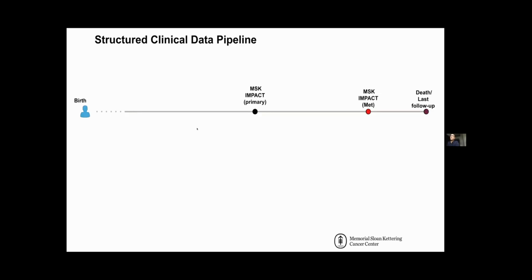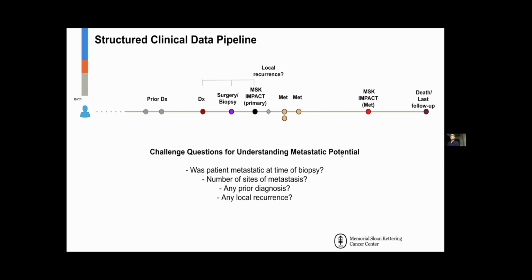And just to drive this home, if you go to cBioPortal, the vanilla version, you'll get this amount of information, but really what you want is to know if a patient had a prior diagnosis, if they had leukemia as a child and then had breast cancer in their 70s or something like that.